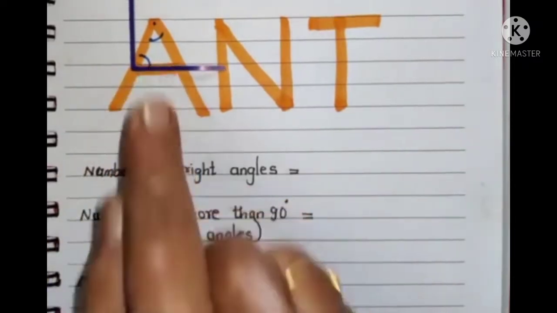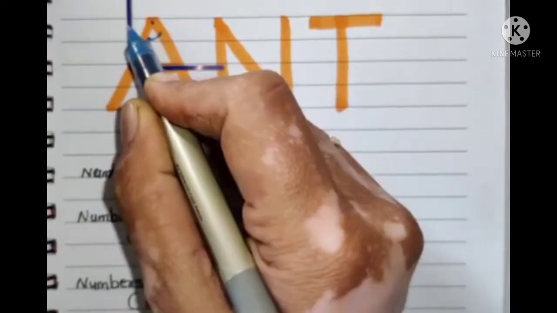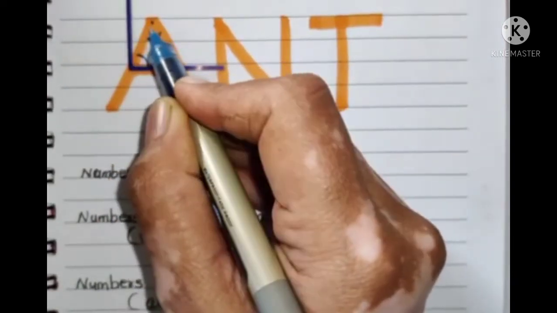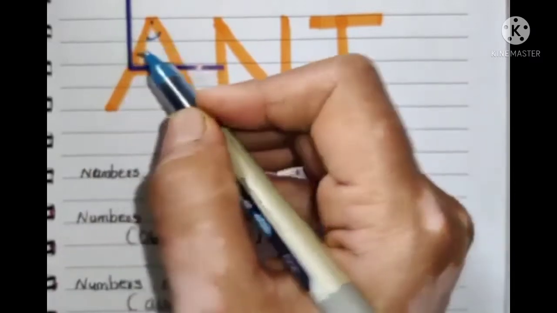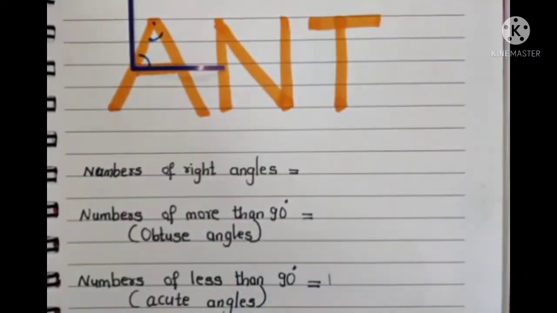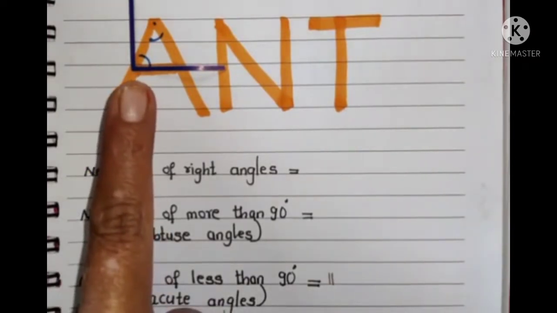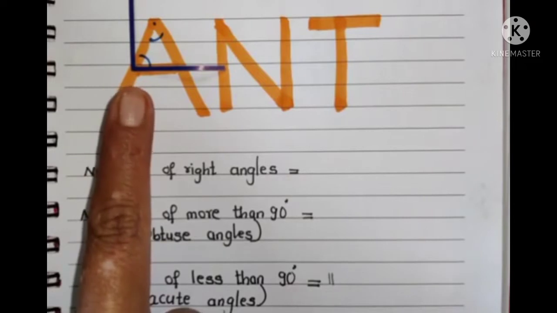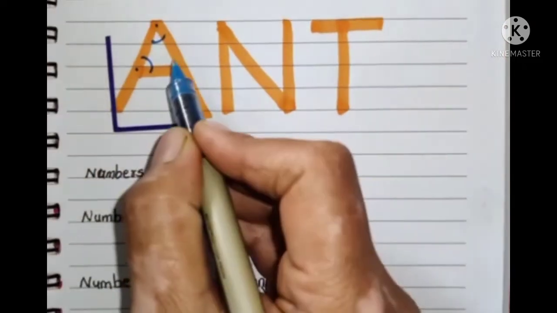Now as you could see here also, this angle's line is within 90. That means it is inside, it has not crossed the 90° angle. So this is also less than 90. So I'm going to write one more line here because I have got the second acute angle.